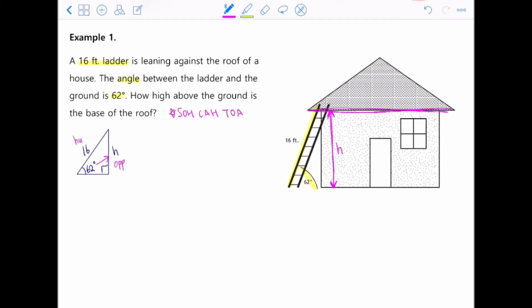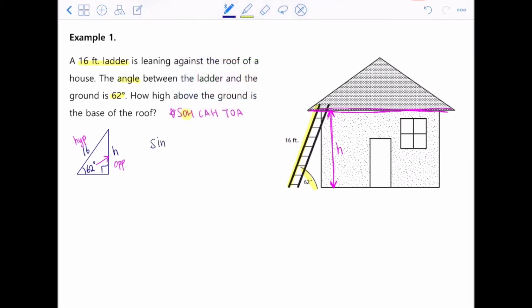Hypotenuse is the ladder. And we don't have adjacent, so we're going to remove it. So what trig ratio involves only the opposite and hypotenuse? You can see that we have this, and that's the only option we have. We have to use the sine ratio.